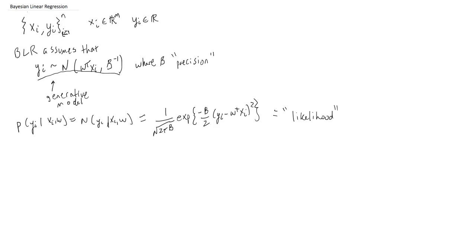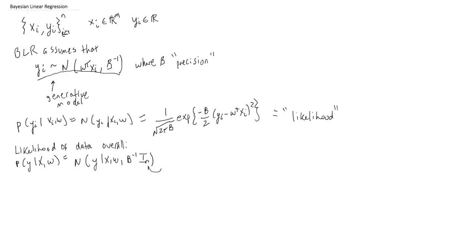But for linear regression, we're always interested in the likelihood of the data overall, not just one point. And for that, we'll use vector notation, and we'll say that the probability of all the y's given all the x's and our weight vector is distributed as a multivariate normal, where each individual data point has a variance, so we'll use beta inverse times the identity matrix.